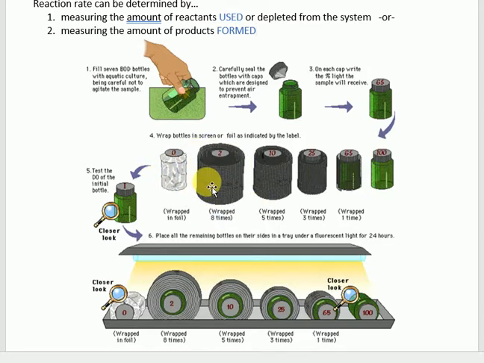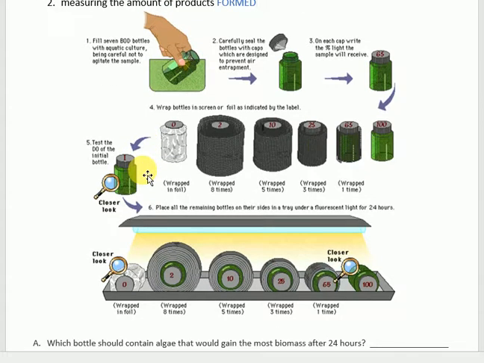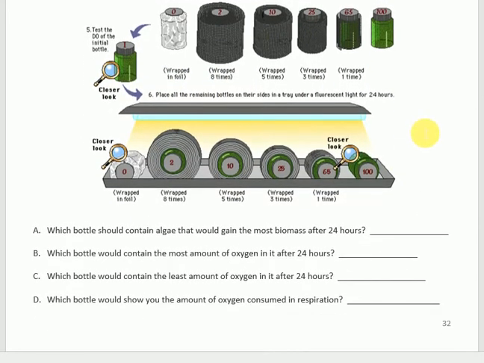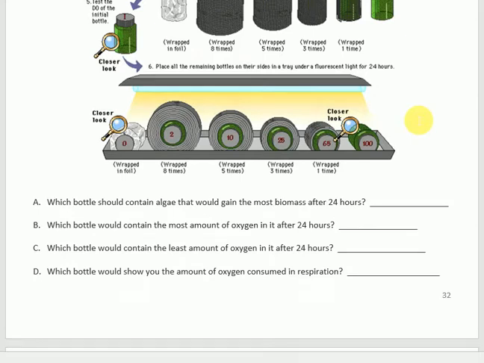So this is kind of like a screen, like a window screen type thing. And then you're going to test the amount of oxygen of the initial bottle. And then you place all the remaining on a tray. Okay? So these questions are basically common sense ones. But let's look at it here.